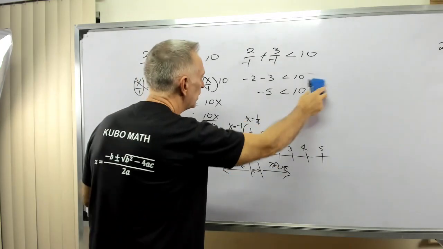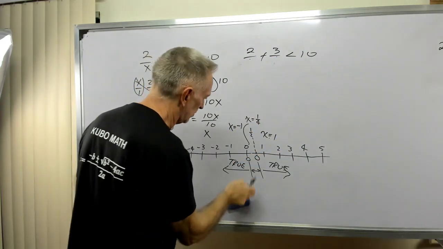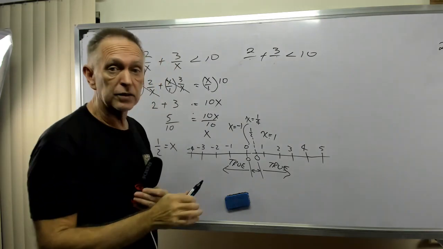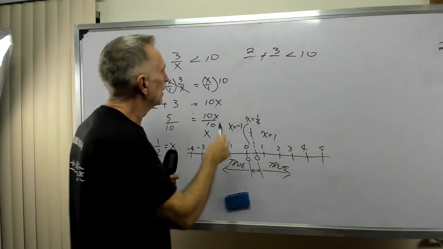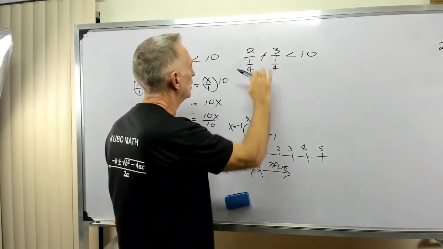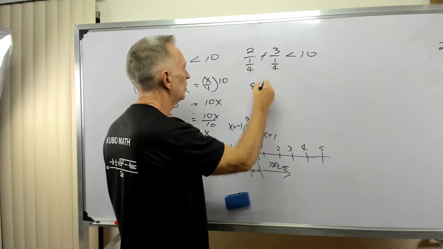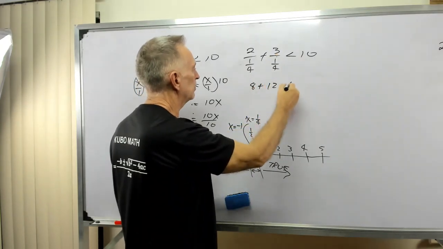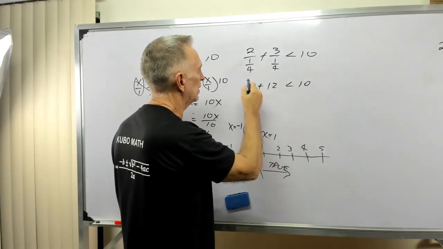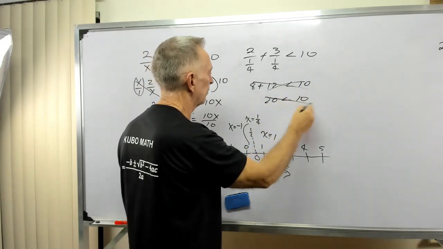This is going to be very similar to the last one, isn't it? All right, so in between we were going to let x equal 1/4. So we're going to put x equals 1/4 here. Well, I have to invert and multiply. 4 times 2 is 8, plus 4 times 3 is 12. Is that less than 10? No, it is not. 20 is not less than 10.